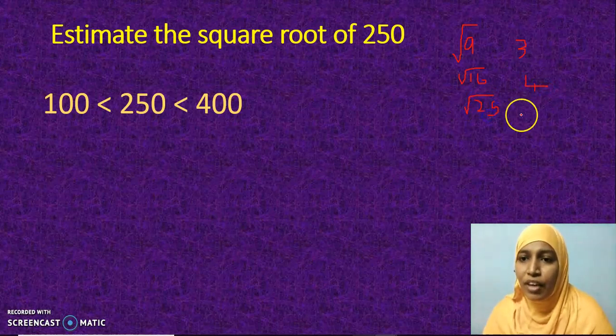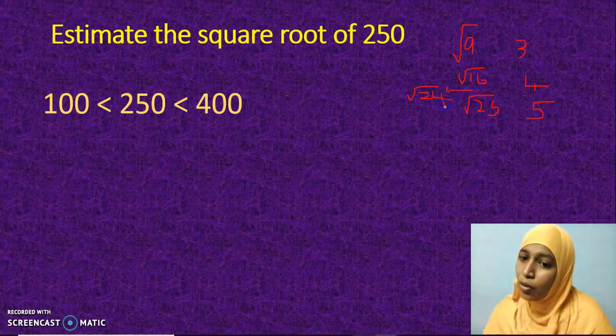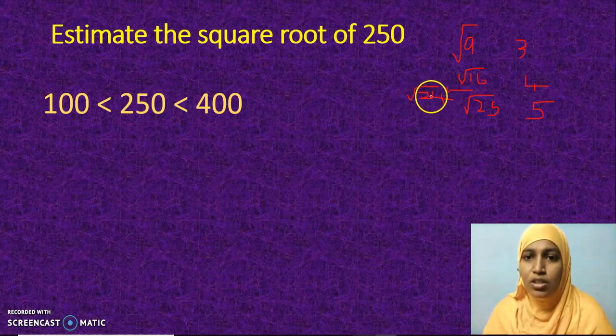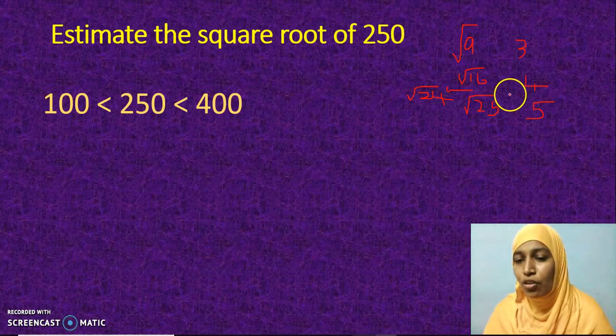Very good. If I ask you, what is the square root of 24? You can estimate and give me the answer. As 24 is closer to 25, I can say the square root of 24 is approximately 5.